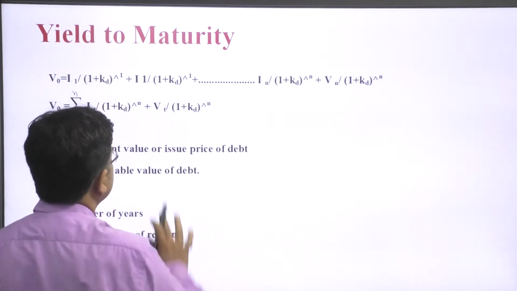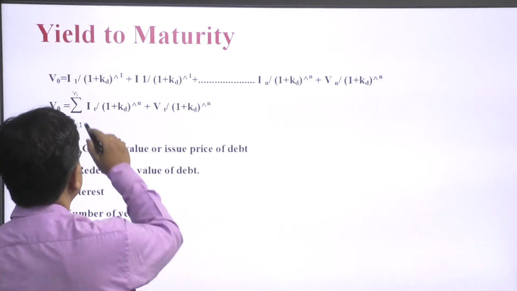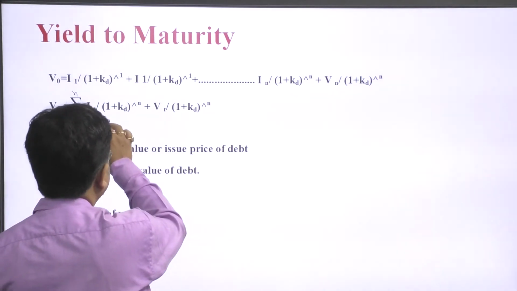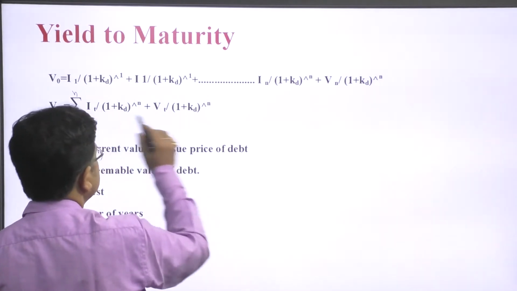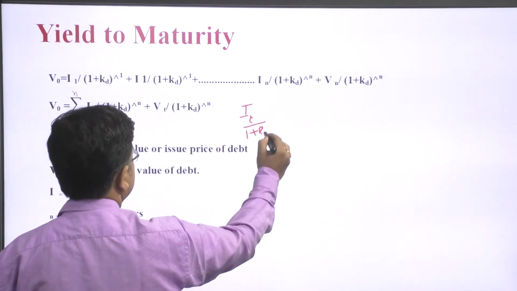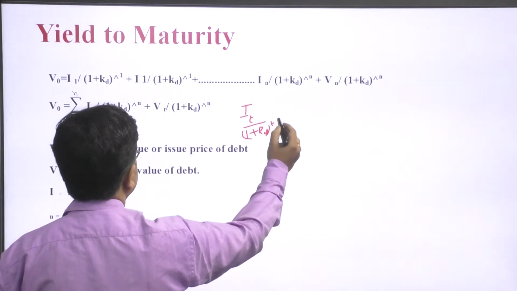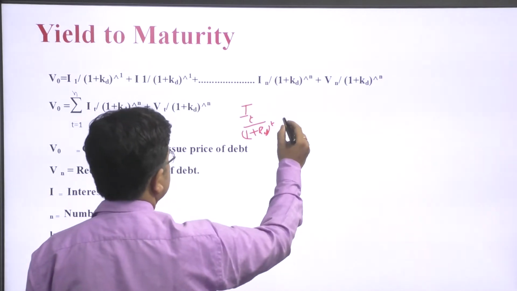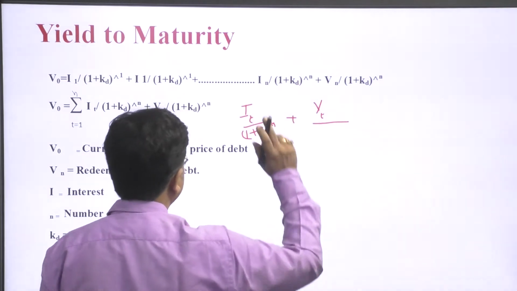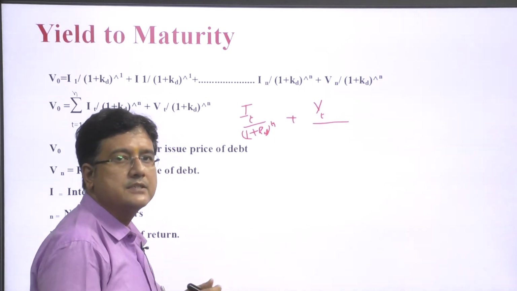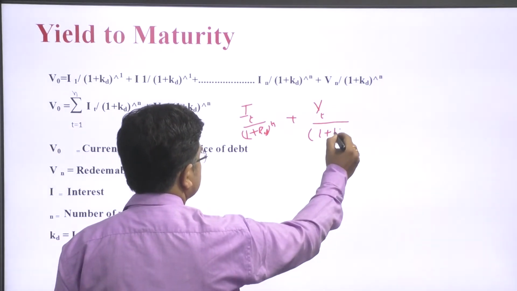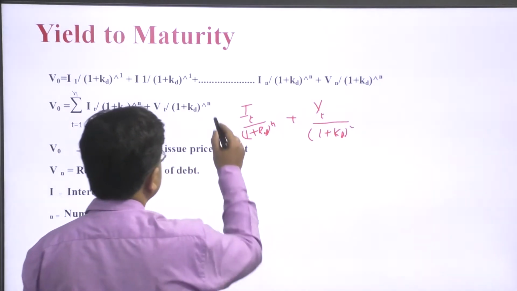Here we can derive the formula: V0 equals sigma of I t divided by (1 plus kd) power t, plus V t, where t means time, 5 years, 10 years, that is why we reflect it here with n. This is sigma.